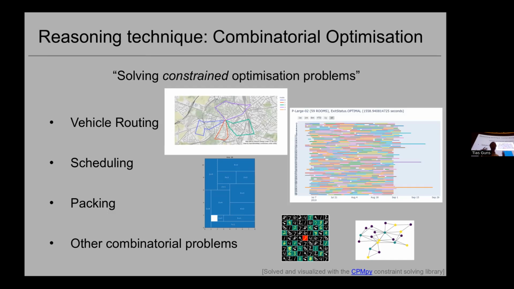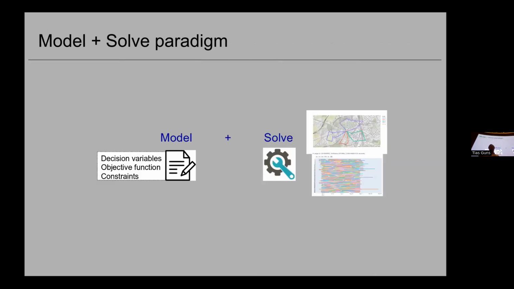This is slow, deliberate thinking, with many examples of impactful problems that our technologies are able to solve. In many cases, within combinatorial optimization, we use solvers and we follow a model-plus-solve paradigm, which means that we formulate our problem as an objective function and constraints over decision variables, and then we use existing CP or OR solvers to find the solution.